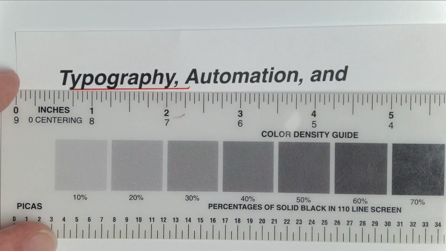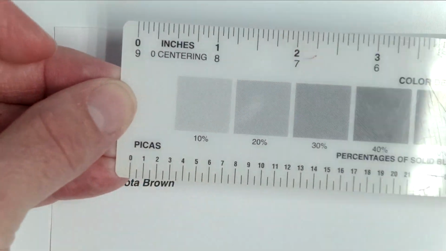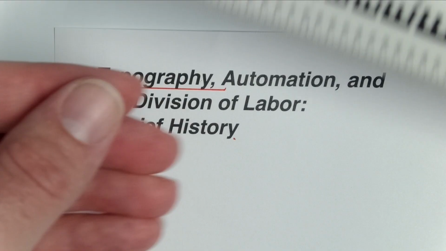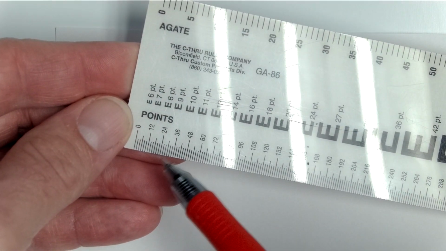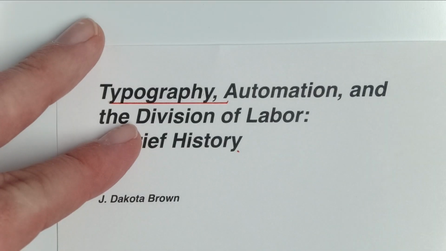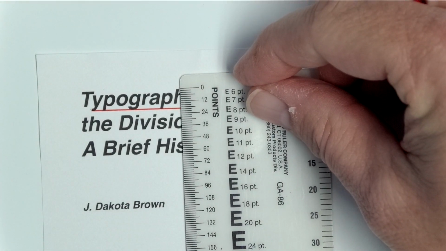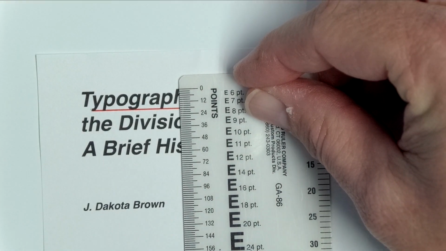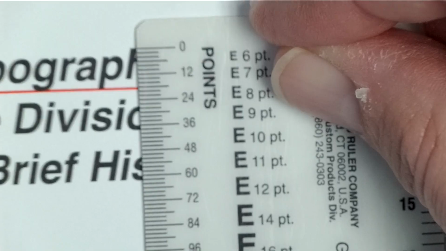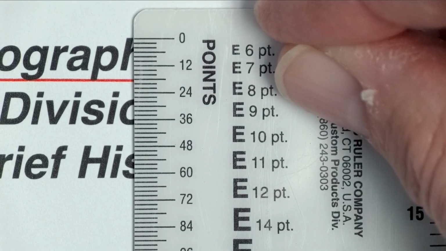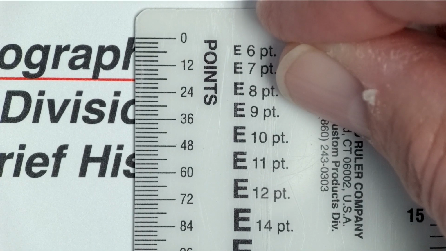So I'm going to find points on my ruler. I've got inches here, picas here, so I'll flip this over. There's my point scale right here. Okay, so I'm going to try to do this without jabbing myself. There we go. So I'm going to line this up. I'm going to zoom in here a little bit more so we can see a little bit better. All right.